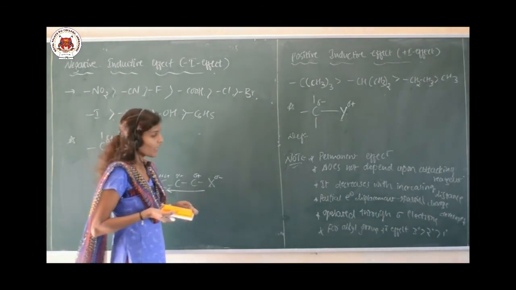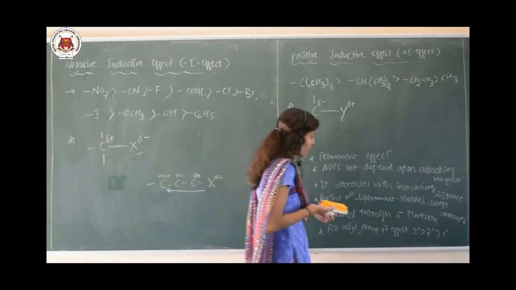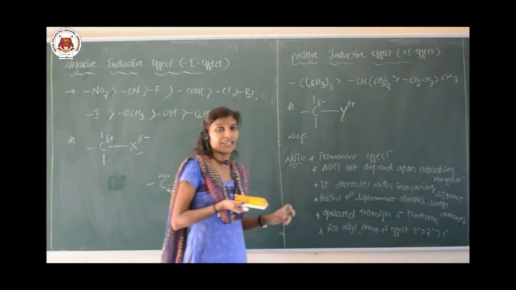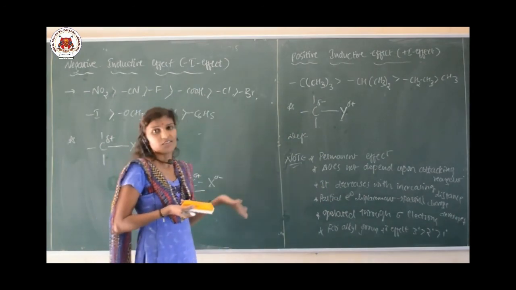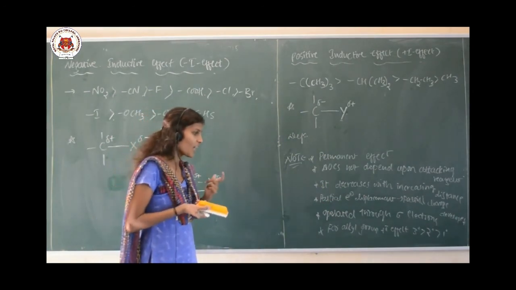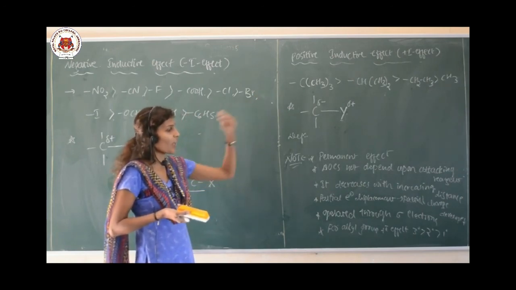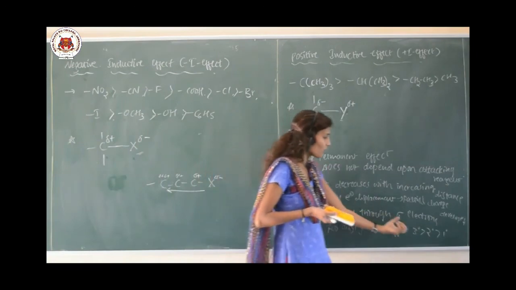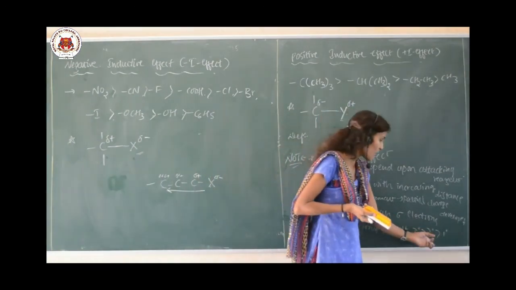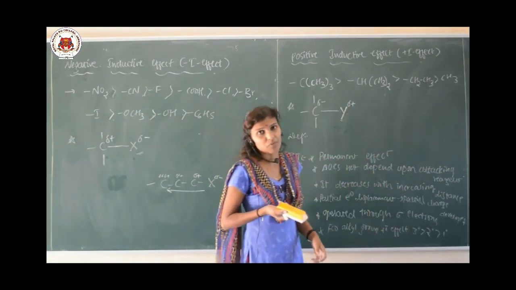And then, it is operated through sigma electrons. And last, if we consider the alkyl group, that is the plus I effect in case of the alkyl group; the tertiary alkyl group shows more I effect as compared with the secondary, as compared with the primary.